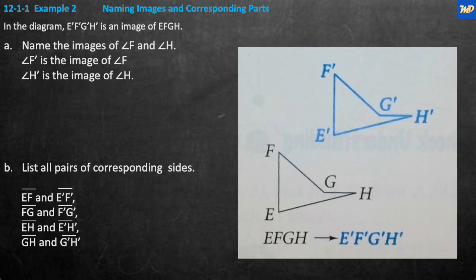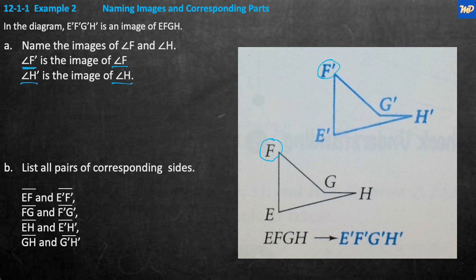Okay, example 2, naming images and corresponding parts. In the diagram, the figure E prime, F prime, G prime, H prime is an image of the figure E, F, G, and H. So for problem A, it says name the images of angle F and angle H. Well, angle F prime is the image of F. Angle H prime is the image of H. So we have F right here, and here's its image.